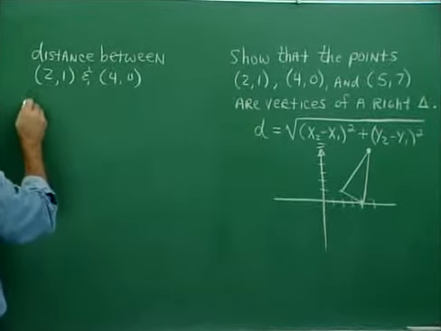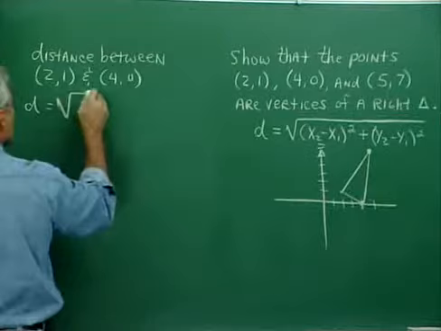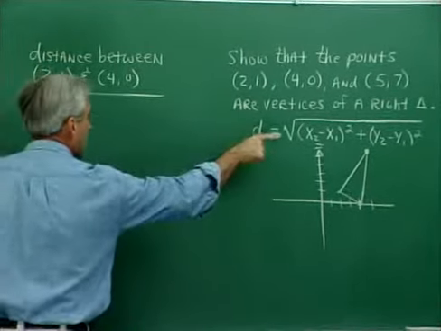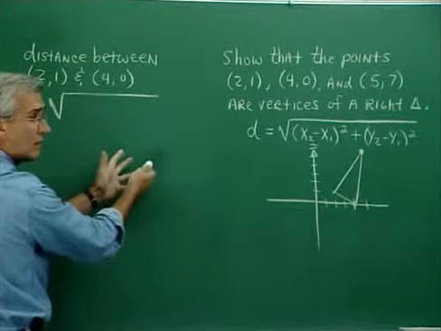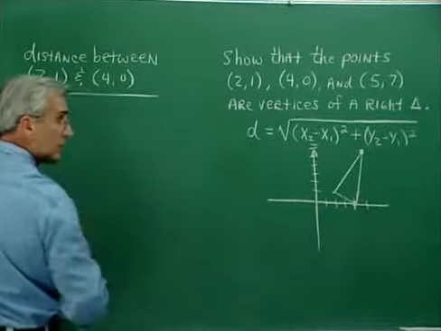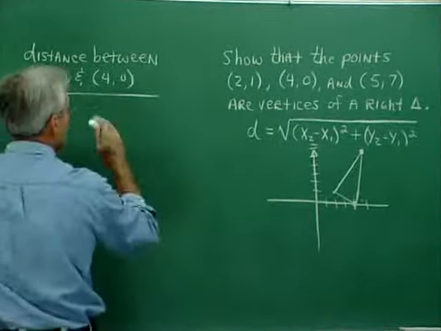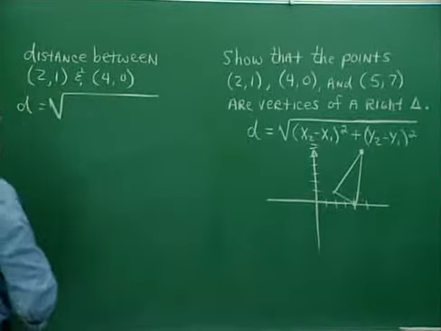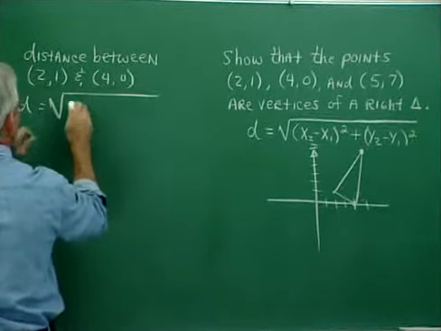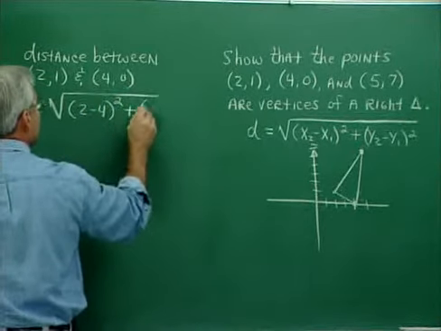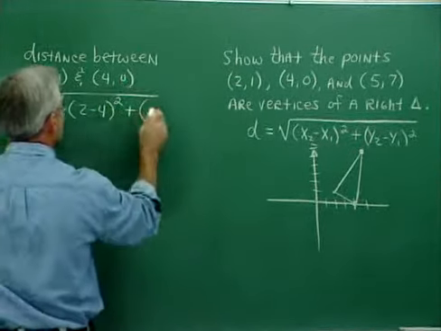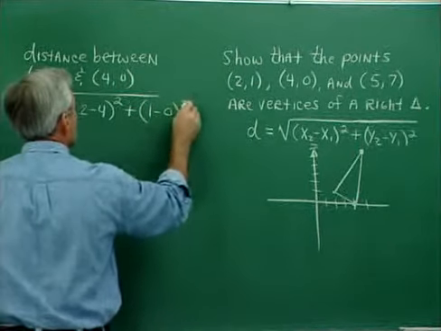So that distance then is the square root of, now I'm using that formula. Generally I say write the formula down, replace within the formula in the first step, and then make your calculations. Well, I'm replacing within the formula right here because I have it written down over there. Difference in x components would be 2 minus 4. It's squared, and I'm adding the difference in y components. That's 1 minus 0 squared.